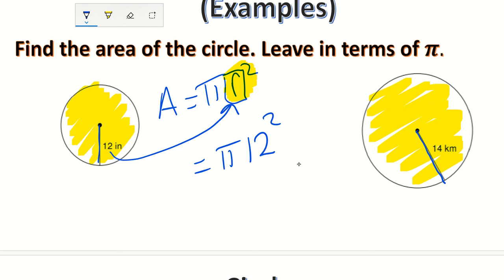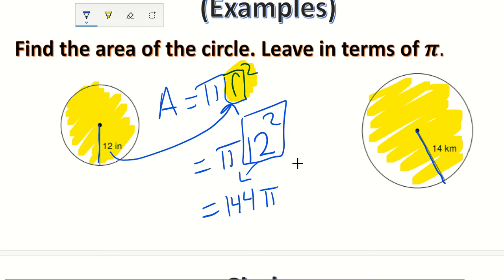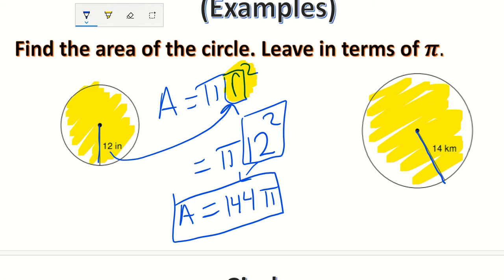And of course, we only need to work out 12 squared, which is 12 times 12, is 144. Now, what I'm going to do is I'm going to go ahead and move this to the front, right? Whenever you multiply numbers, you can actually move them one to the front, one to the back. Nothing happens. So the area for this would be 144 pi. And of course, we are going to leave it like that in terms of pi, right?